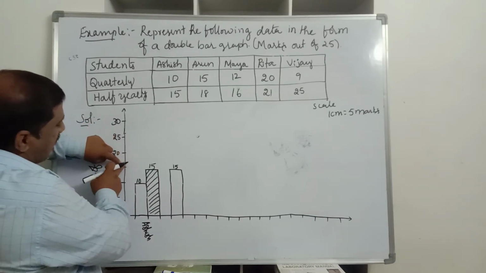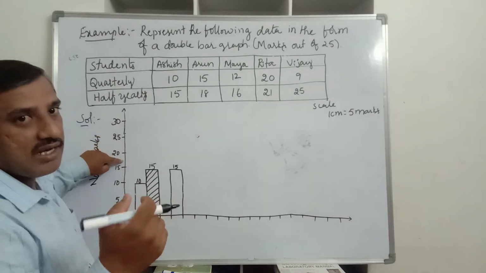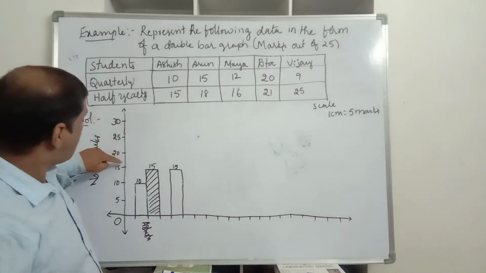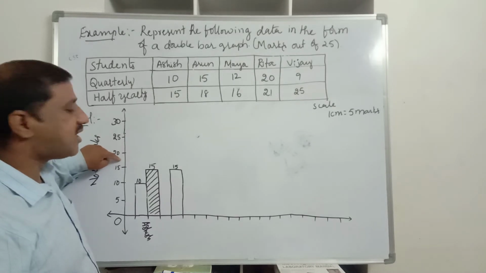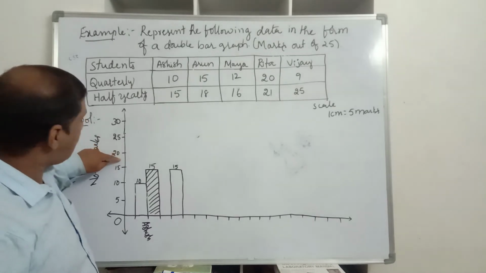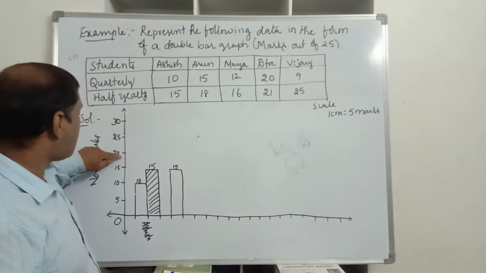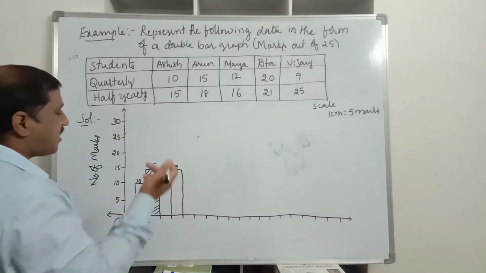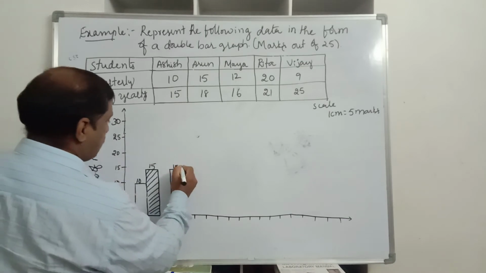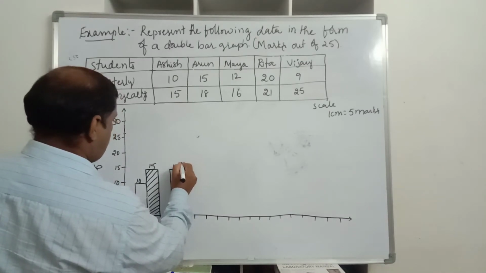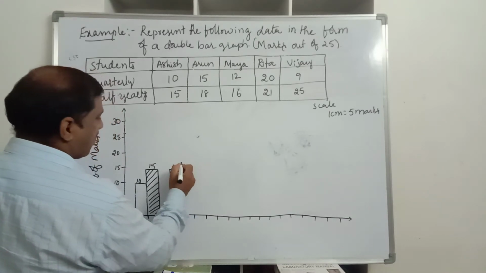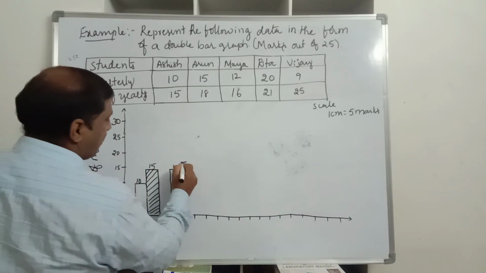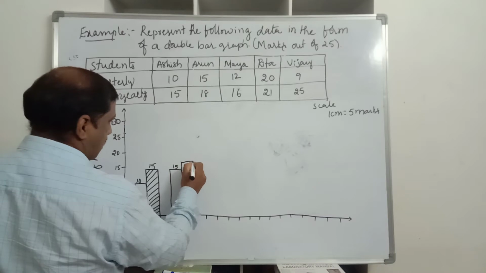As I told you, each two lines represent 1 mark. So 16 is represented by the second line, 17 by the fourth line, and 18 by the sixth line. On your graph paper, take the sixth line from 15, and that gives you 18 marks.